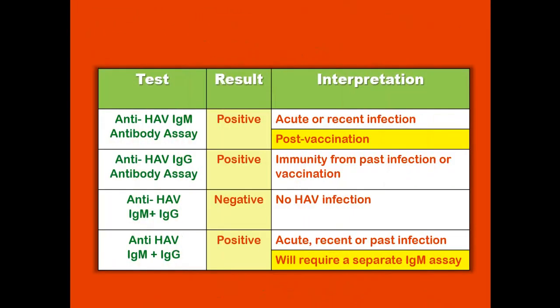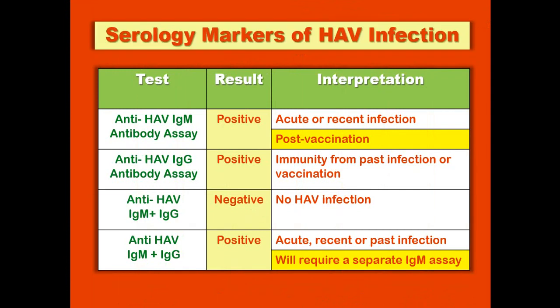And now these are the interpretations of the serology. If the patient has a positive IgM, this means either acute or recent infection or post-vaccination. But if the patient has hepatitis A virus IgG antibody positive, this means immunity from past infection or vaccination.